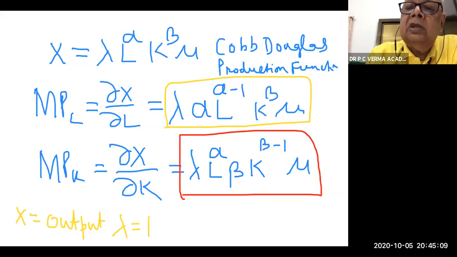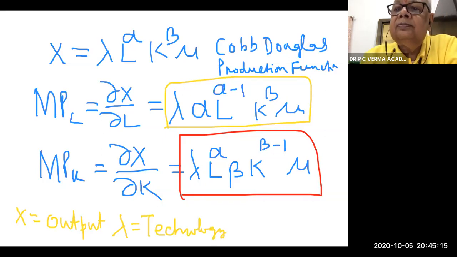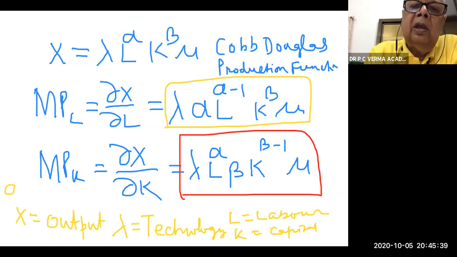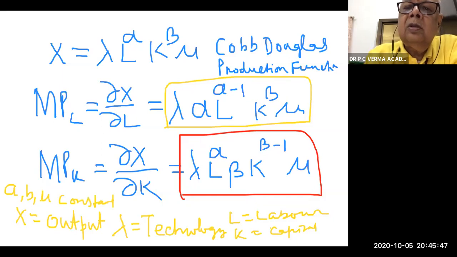Lambda is technology. L is labor, K is capital, and alpha, beta, mu are constants, and lambda is the technology constant.